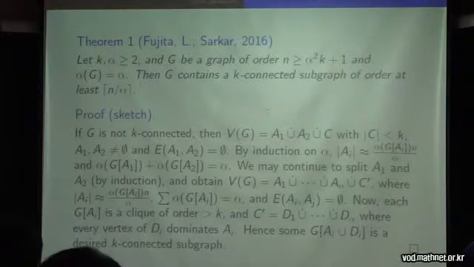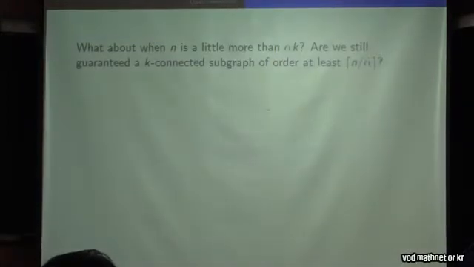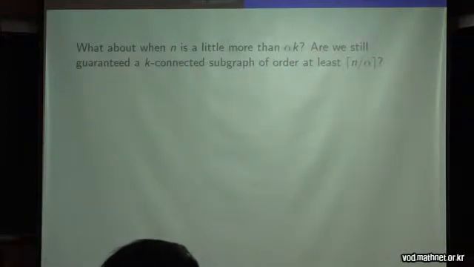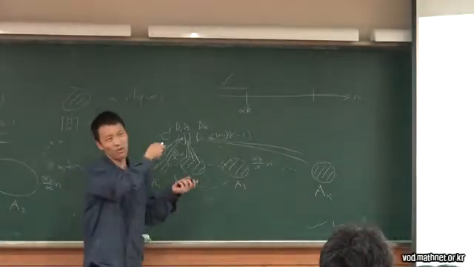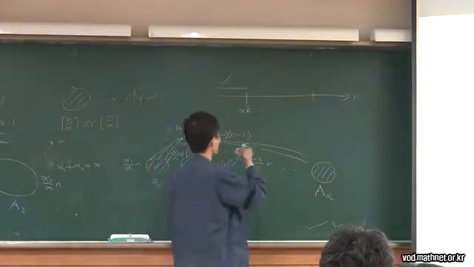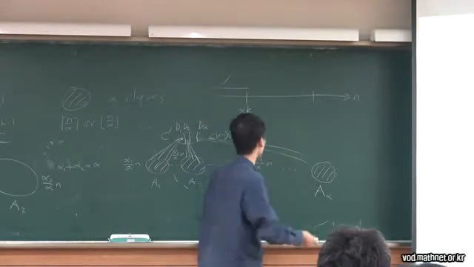Okay. So what does that tell us now? We've then seen, if you imagine these are the values of n, then below alpha k, the problem's trivial. There's nothing to do. We don't get the k-connected subgraph.